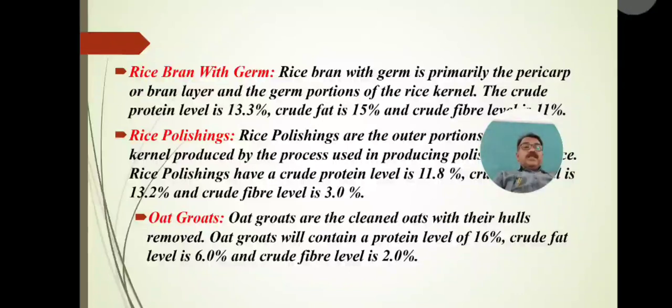Oat groats contain a protein level of 16%, crude fat level of 6% and fiber level of 2.0%. This is the oat groats.